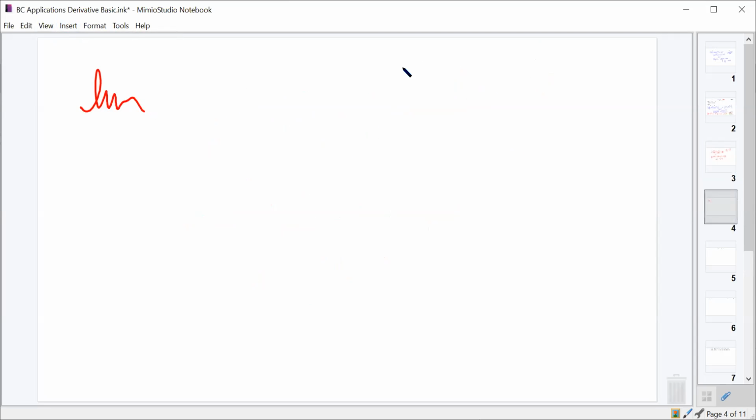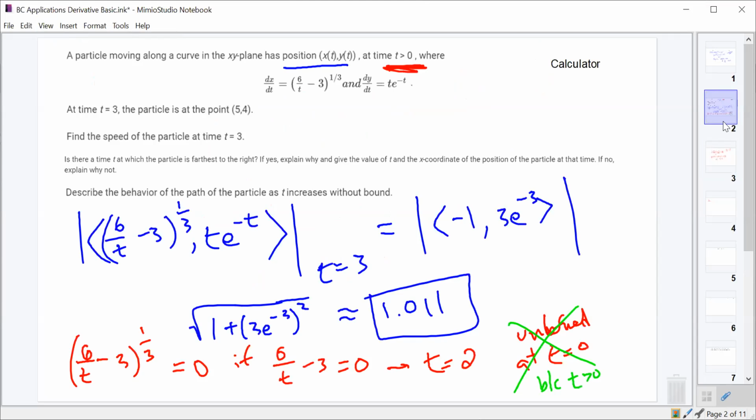Was there another part to that other question? Somehow I must have not read the whole thing. If yes, explain why and give the value of, okay, sorry, I thought we just gave the value of t. Oh, and the x coordinate of the position of the particle. Yeah, okay, so we're not going to worry about the x coordinate of the position of the particle right now, because what does that require us to do at the moment? That should require us to use an integral, right?